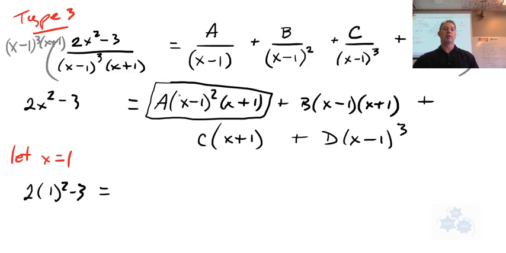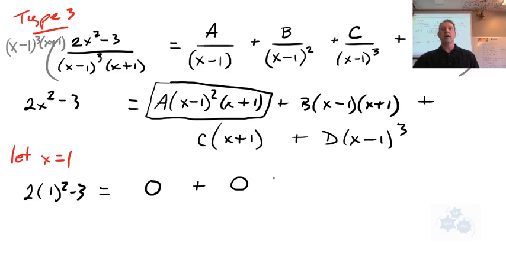1 minus 1 is one of the factors here, so that's going to be 0. Plus, what if x is 1 here? Oh boy, this is 0. We've gotten rid of 2 constants right away. We'll deal with them later.